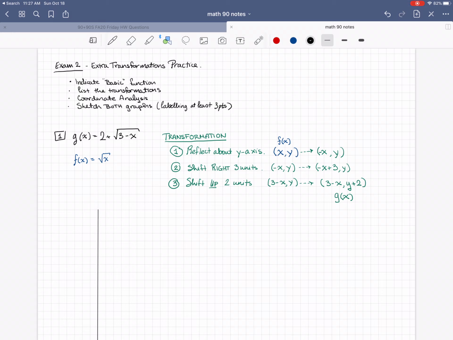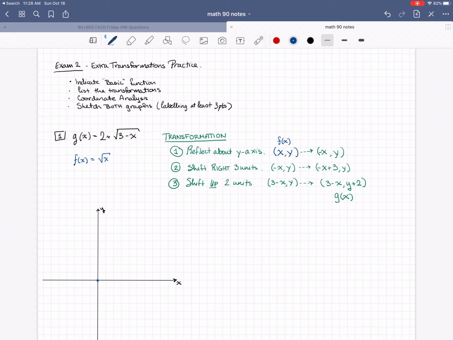Okay, so that's my y-axis, and then here is my x-axis. Okay, so then let's label them. Okay, so I hope by now the shape of the graph of f of x is pretty familiar.